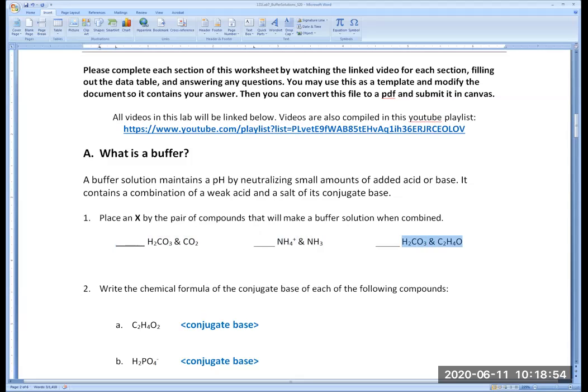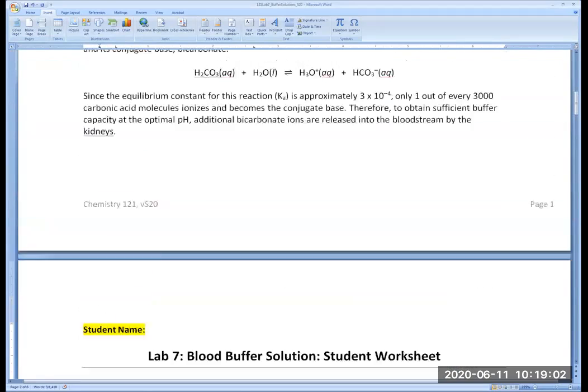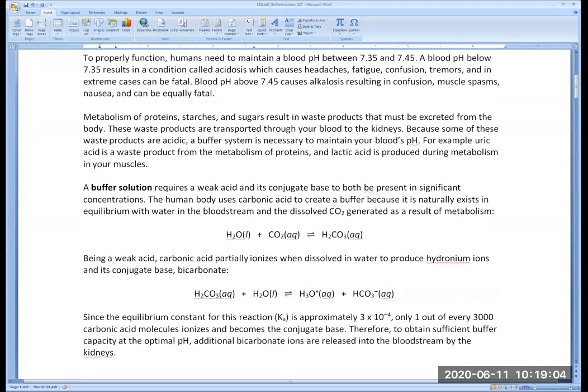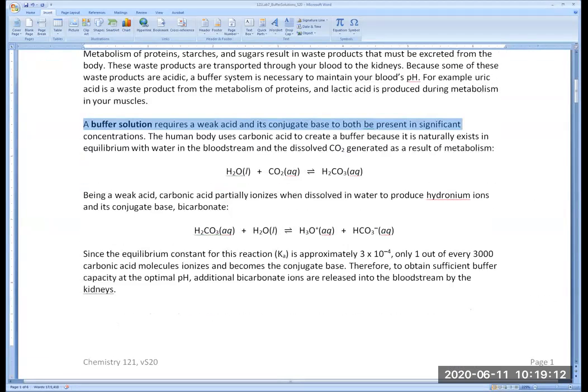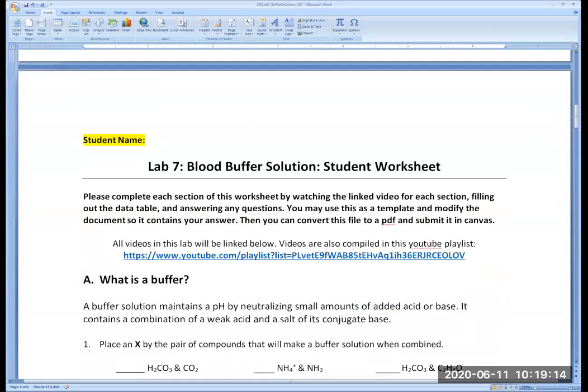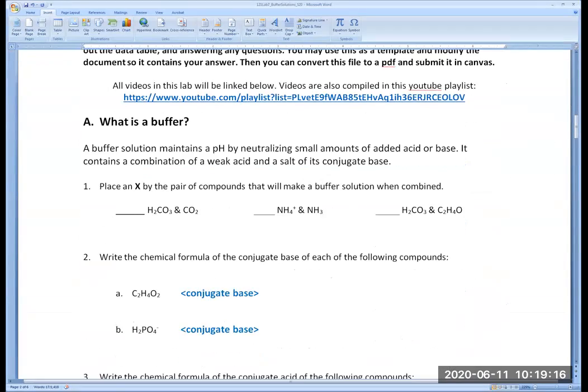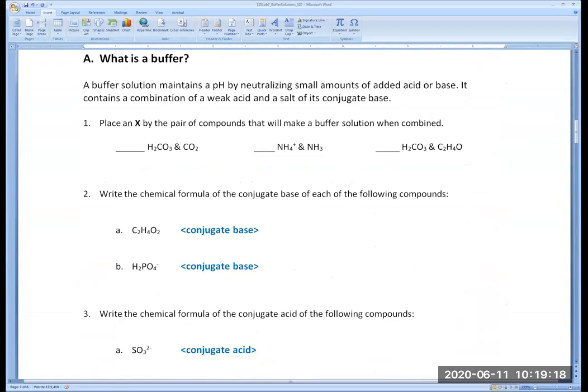Which one will be working as a buffer? Remember, go back to the definition of a buffer, what a buffer requires, to answer that question. It needs to be a weak acid and its conjugate base. So find the one pair that is made of a weak acid and its conjugate base.